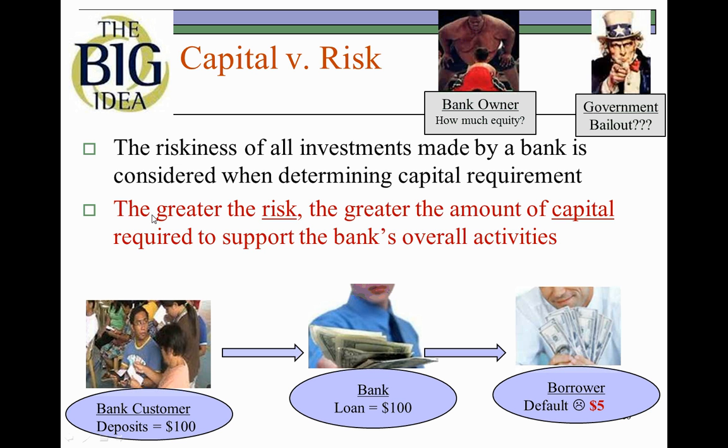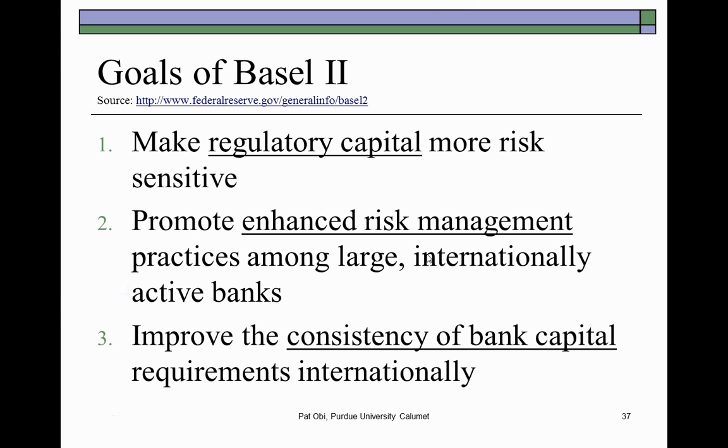In essence, the greater the risk, the greater would be the amount of capital that would be required to support the bank's overall activities. So now, the goals of Basel II in that light are summarized as follows.